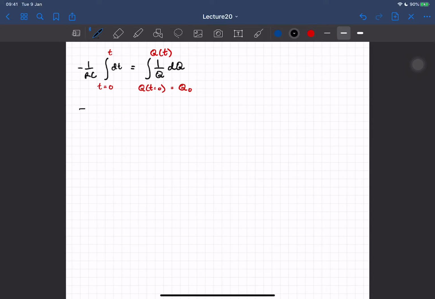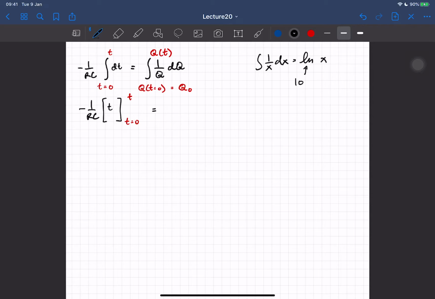So you're going to get minus 1 over RC. Now, integral of nothing, you get the variable t. And then the way I would write it is to use the bracket to put in the limits of integration, t equal to 0 to some other time t, equal to the right hand side, which is the integral of 1 over q dq. So if you know, the integral of 1 over x dx gives you log of x, right?